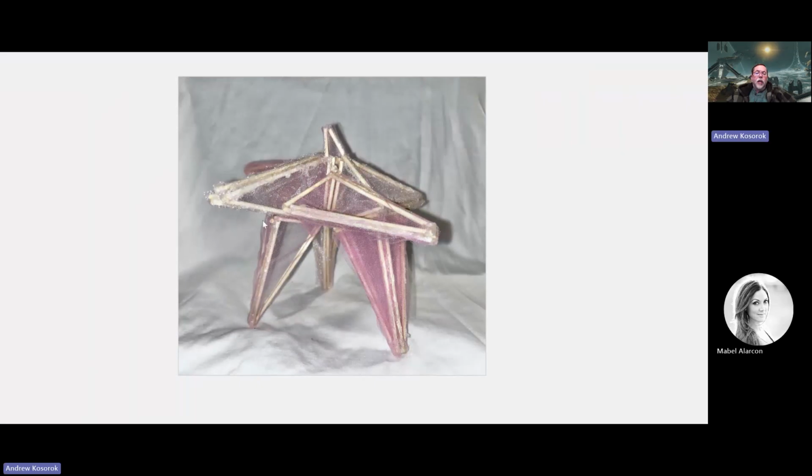I think that the shapes are really interesting. This is very intriguing. And I think that the solution for the skin and structure balance is really interesting as well, because you have this almost diaphanous taffeta that's being wrapped around, so that you can only really tell it's there when you look at it sideways like that. Otherwise, if you look at it directly like this, it becomes almost transparent.